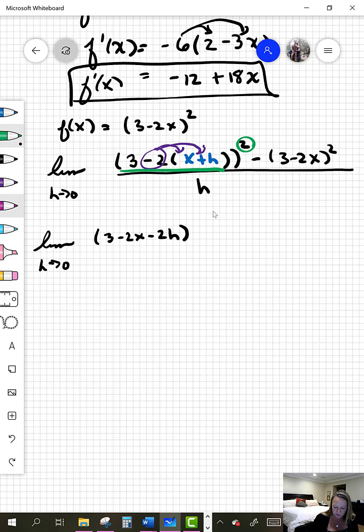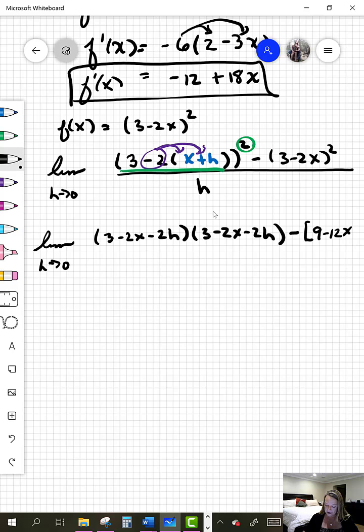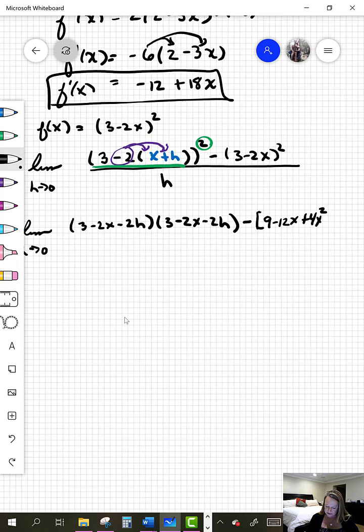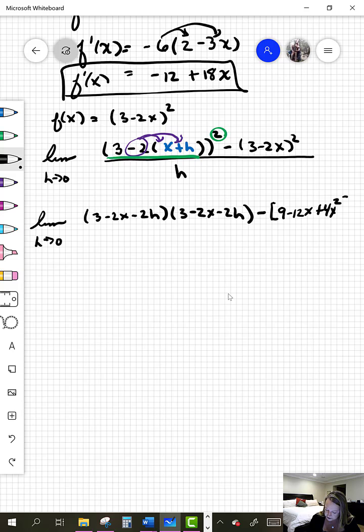So I'm going to rewrite this here: 3 minus 2x minus 2h, minus, and then we want to distribute this 3 minus 2x times 3 minus 2x. If you do that, 3 times 3 is 9. We had that negative 6x minus 6x is minus 12x. And then negative 2x times negative 2x gives us plus 4x squared. And then this is all put over h.